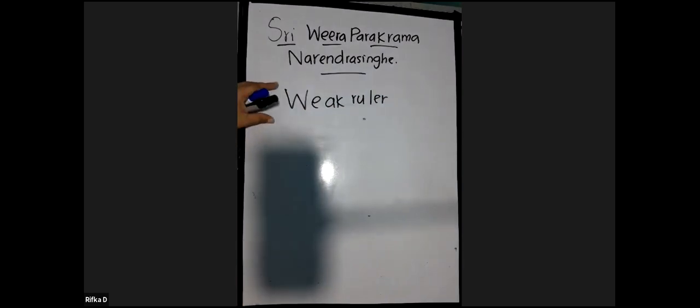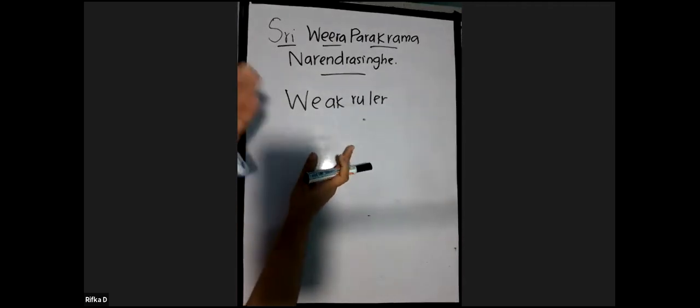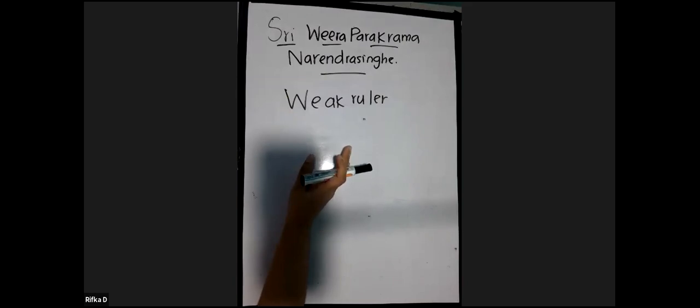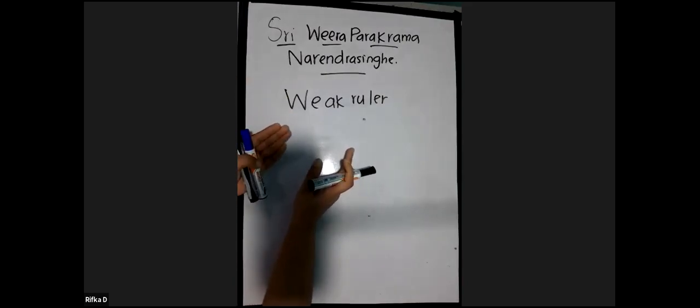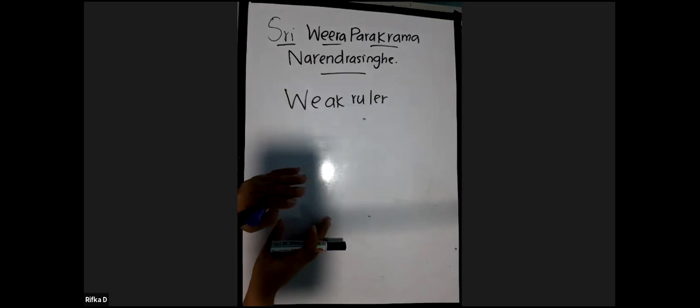He did not have very good knowledge about administration. Because of that, as we studied, even before Shri Veera Parakrama Narendra Singha's period, during Vimaladharma Surya II's period also, the chieftains strengthened their power.